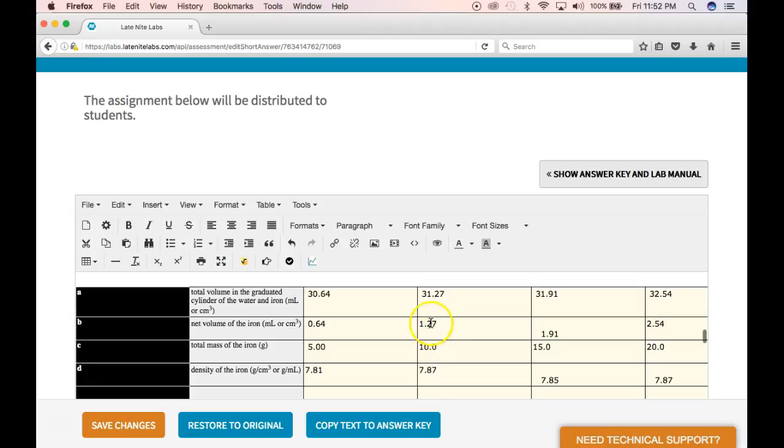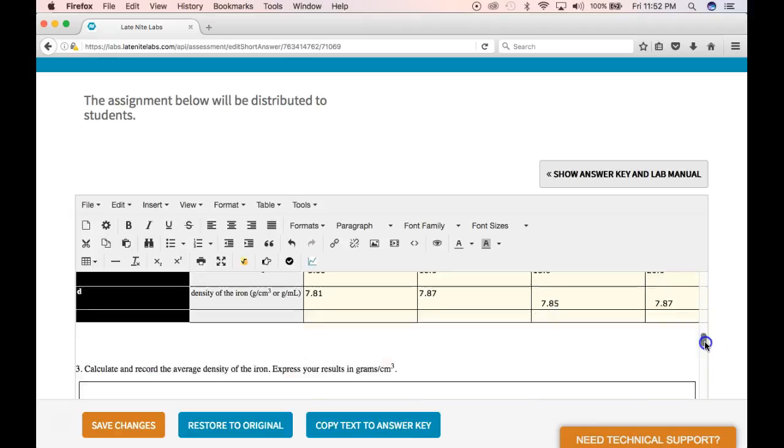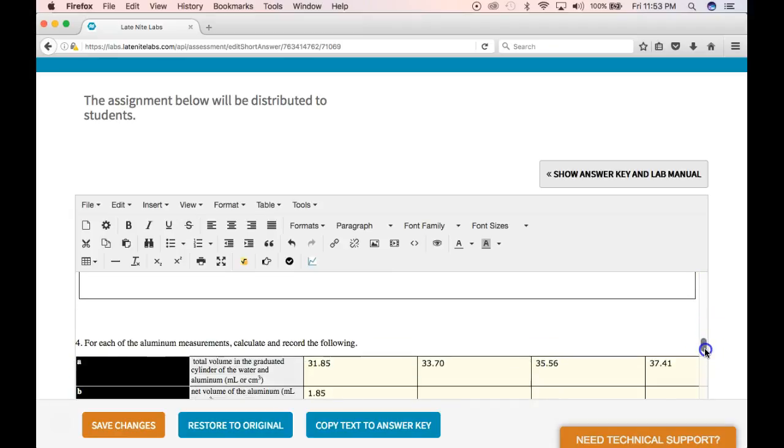So 10 divided by the 1.27 and the density is 7.87 and so on. 15 divided by the 1.91 and density comes out to be 7.85. 20 divided by the 2.54 and the density is 7.87. So the average should be in that ballpark of 7.86 or 7.87. So that's the density of iron.